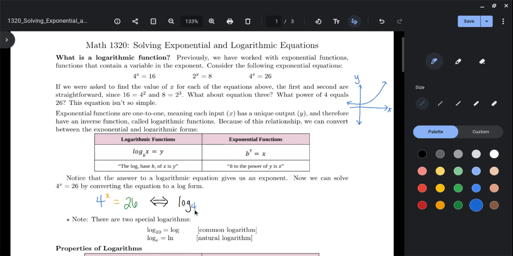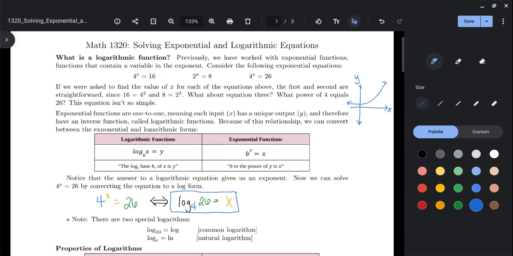So log base 4 of what we're taking the log of. 26 is the answer of our exponential equation, so that's going to be 26, equals our exponent of our exponential function. So that will be x. Now we have solved our equation. We have found that the value of x is equal to log base 4 of 26.